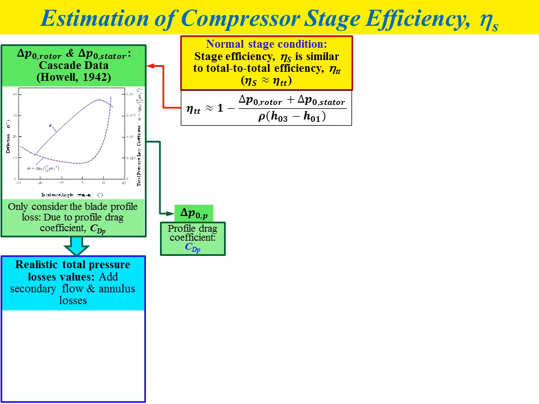However, for realistic total pressure loss values, we need to add different types of losses such as secondary flow and also annulus losses in our calculation.